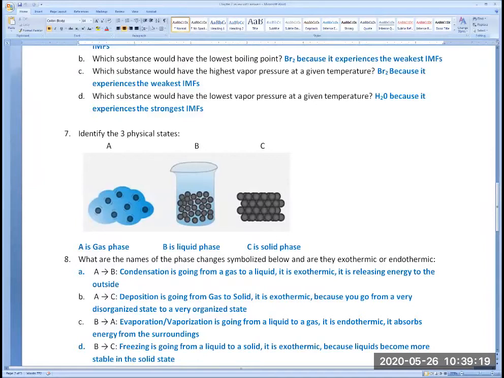Gases are free from each other. The particles are flying around, not attracted to each other. The higher the temperature, the faster they move, because they have more kinetic energy.